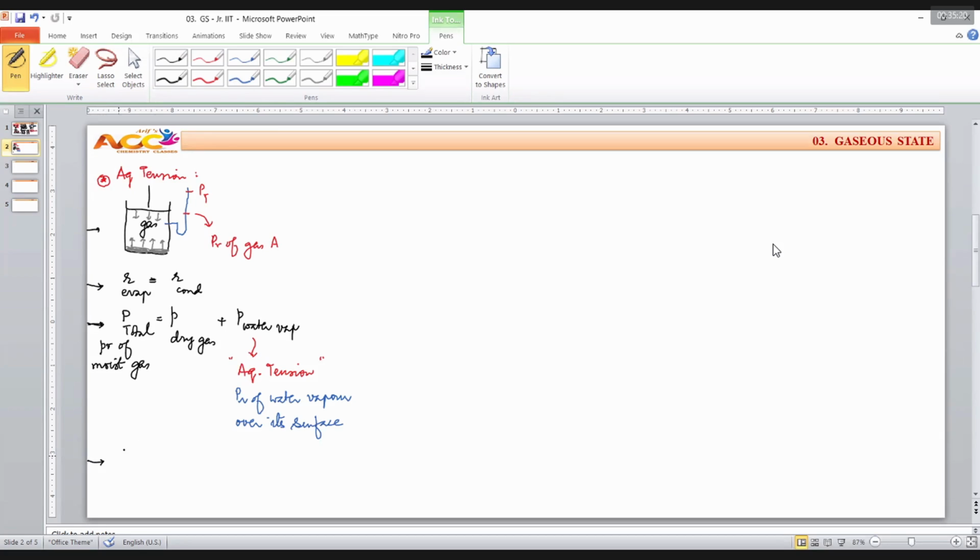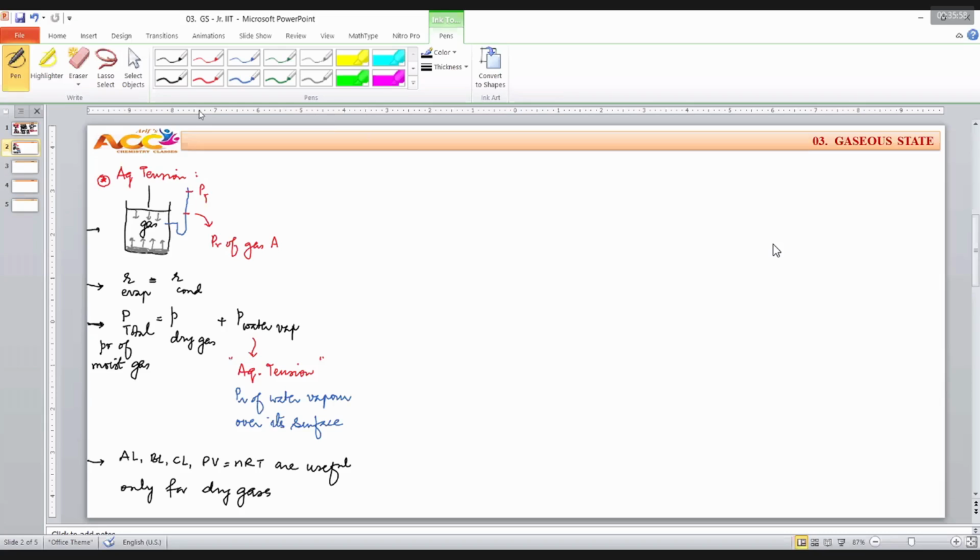For example, Boyle's law, Charles' law, Avogadro's law and PV is equal to nRT are useful only for dry gases, whereas Dalton's law is applicable in case of moist gas. Remember, Dalton's law is applicable in case of moist gases, right?